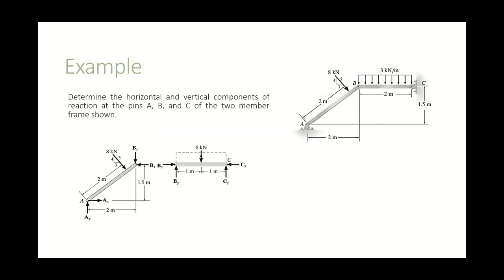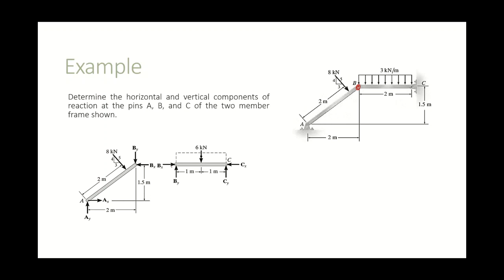Okay, so you'll notice we have separated the two members. Now again, you can only separate the two if you have an internal hinge, or they are really two separate members joined together by a pin support.